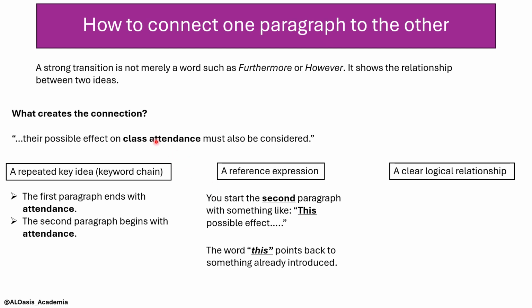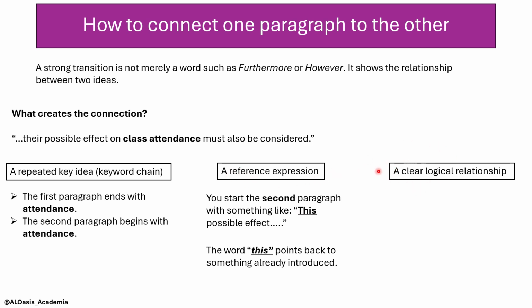If you ended the first paragraph with attendance, and then started the second paragraph with "this possible effect", it tells me as a reader that "this" goes back to the attendance. Personally, I feel the previous technique is sometimes clearer, but this one is also possible, and you can mix between the two and use one sometimes and the other at other times. Using "this" shows a reference expression.